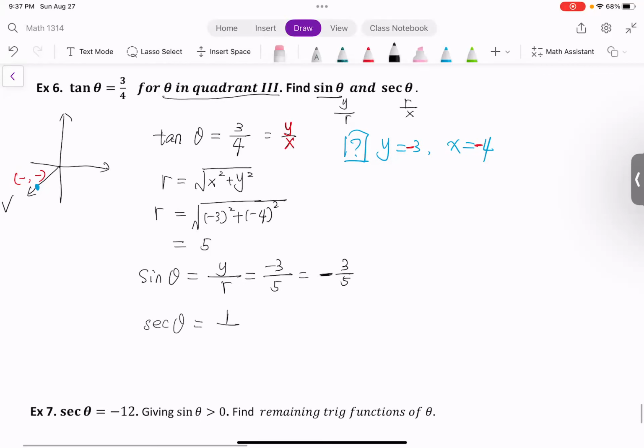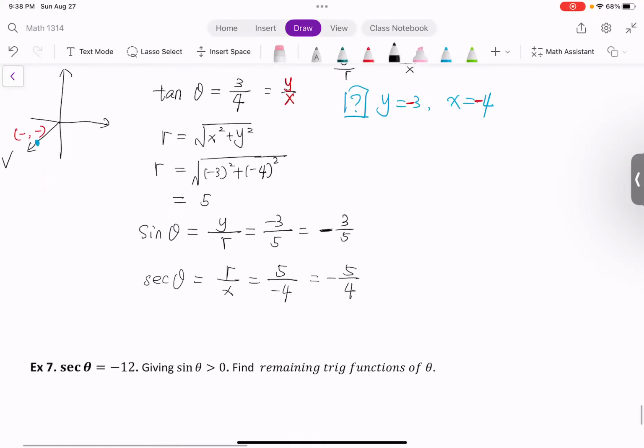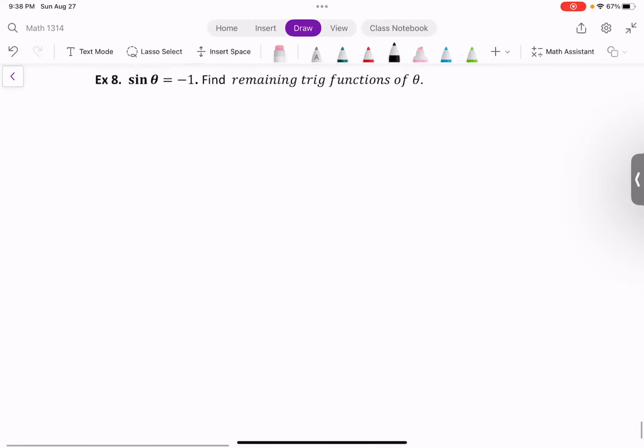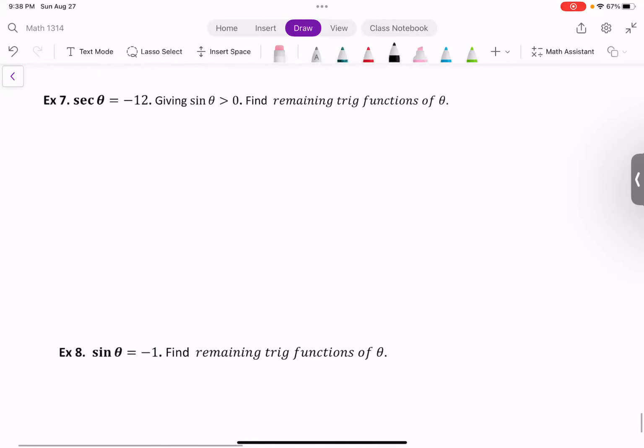Secant theta equals r over x. What is r? 5. What is the x? Negative 4. So we have negative 5 over 4. We solved this question. It's really fast. All right, we have 2 more questions left. Let's see.